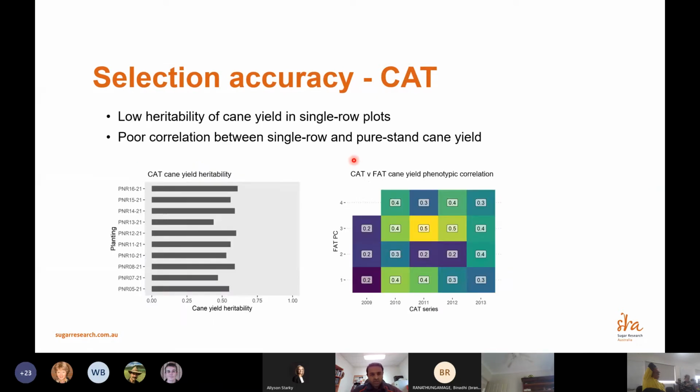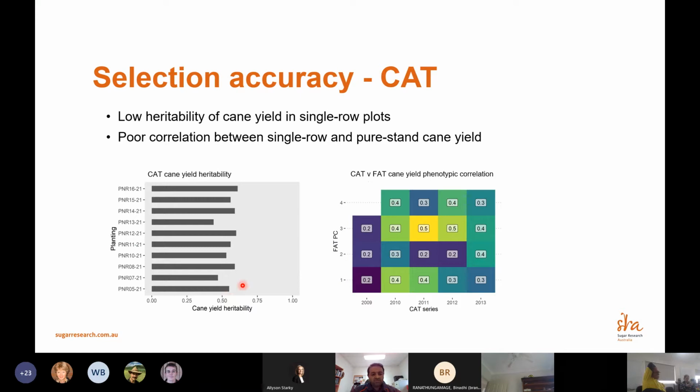So all these things result in the low heritability of cane yield in single row plots, especially in CAT. On this graph, we can look at the heritability of CAT from the 2015 to 2016 series in a region, and we can see that heritability ranges from around 0.4 to 0.6.